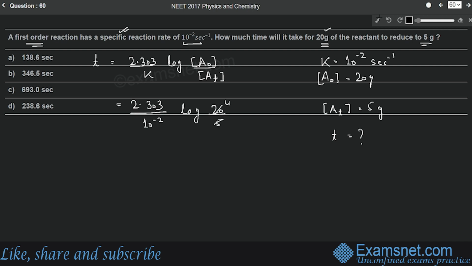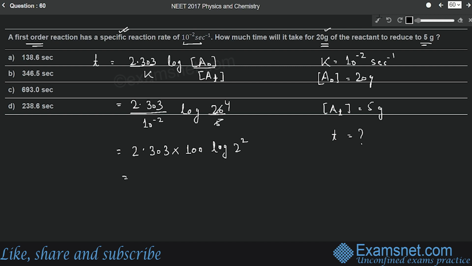So here we'll get log 4. So we can write it as 2.303. So this 10 to the power minus 2 will go up as 10 to the power 2, or we can write 100. Okay. And log 4 can be written as log 2 square, right? 4 is equal to square of 2.